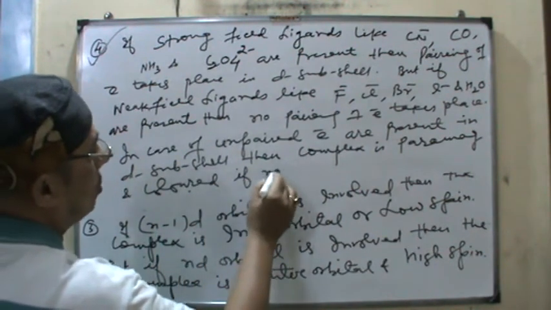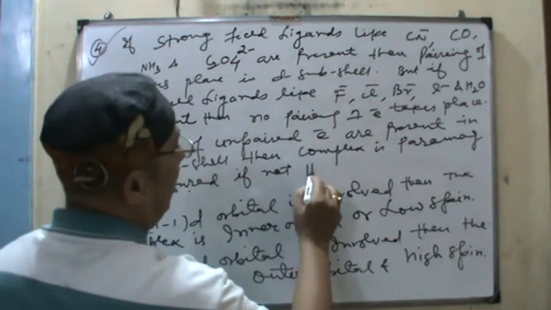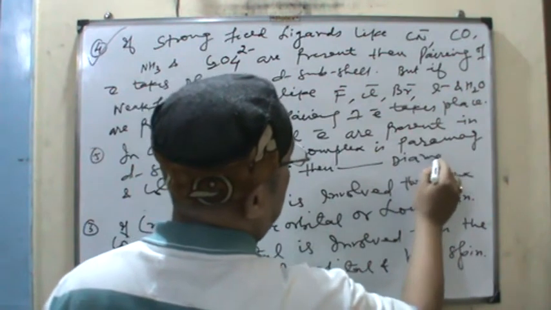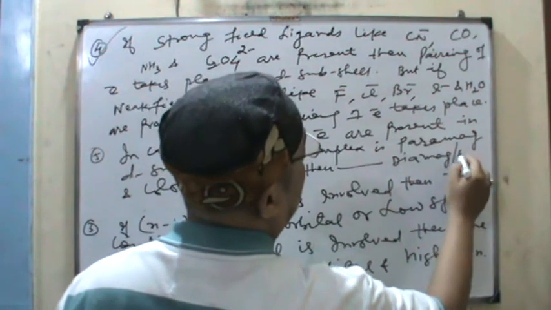If there are no unpaired electrons, then the complex is diamagnetic and colorless.